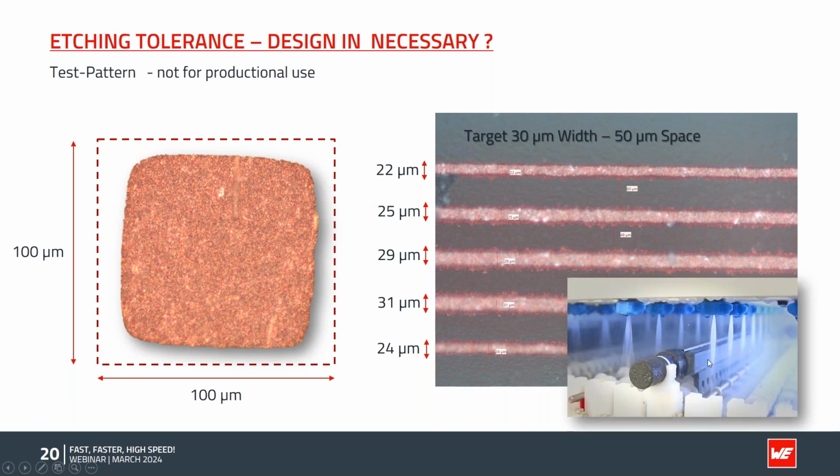Why, you ask? If you look into the machine, this is a typical etching machine. You have these spraying nozzles all over it. You spray the chemistry on top, and you can imagine here in this area, the etching solution can flow left and right, but here you have more turbulent flow, and the more turbulent it is, the more etching you have.